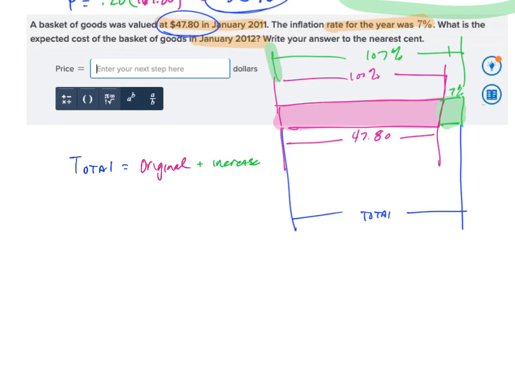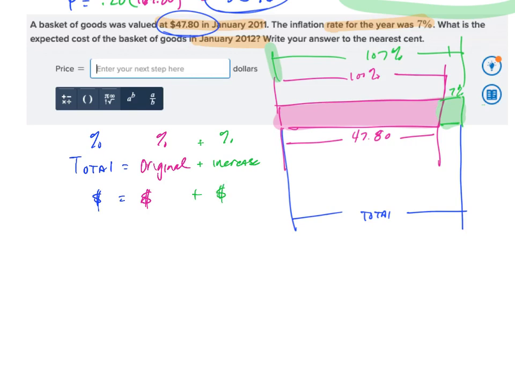As I've told you before, you can either do this as a percent, where the total percent is the original percent plus the percent of increase, or you could figure this out with dollars by saying the total amount I'm going to pay equals the original amount plus the increase that's going to be paid.